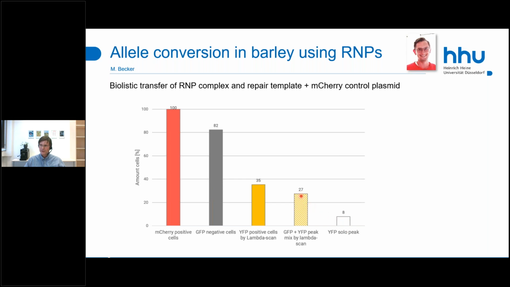So he found that 27 of these 35 had this non-homozygous outcome, but in 8% of those, he could confirm that he has this allele conversion in both alleles. And so he went on also to do this in stable transgenic plants, but this is not part of this talk here. So with this, I come to the summary.